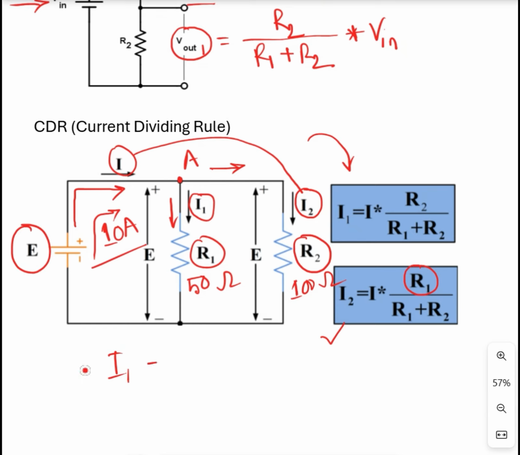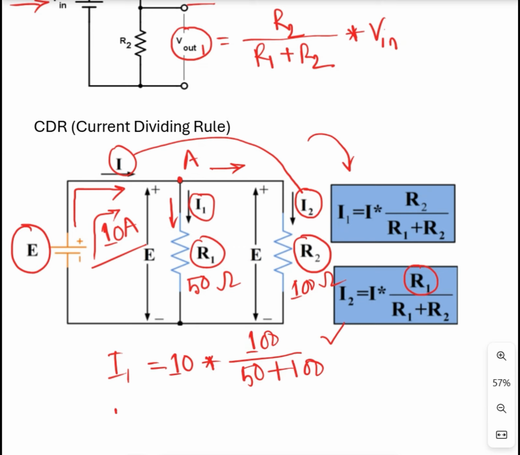So I1 is equal to the total current times, so the total resistance is 50 and 100, so here will be 50 plus 100, and here will be 100 ohms, the opposite resistance of R1.